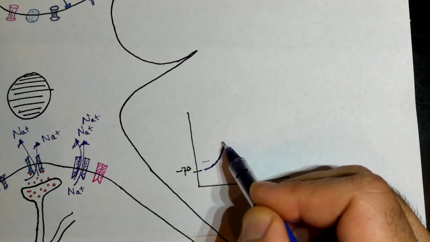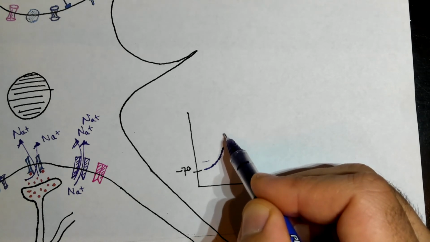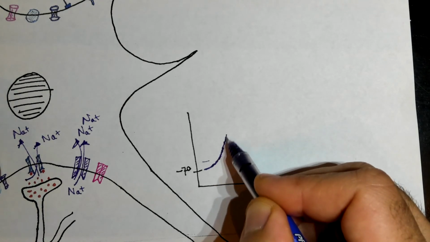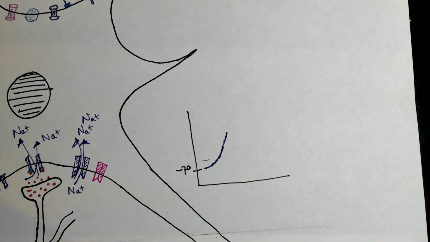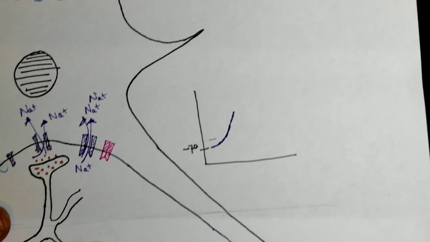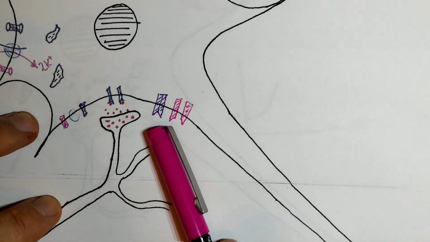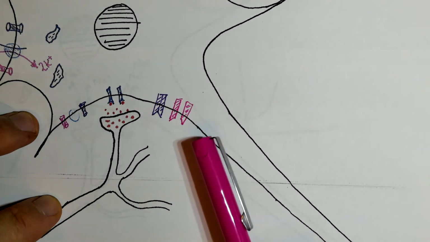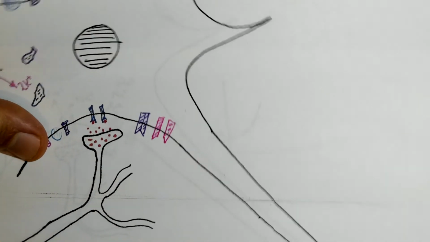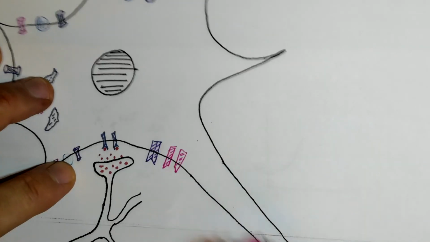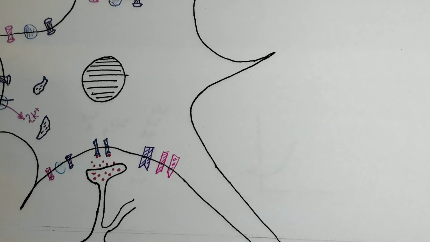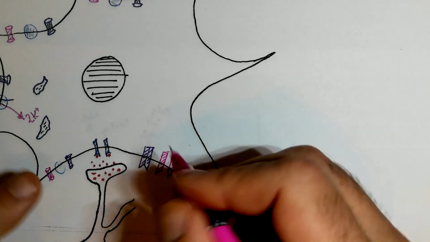So as the cell becomes more positive, and you depolarize this way, eventually the sodium-gated channels will close, and the potassium-gated channels will open. Now, what is that going to do?